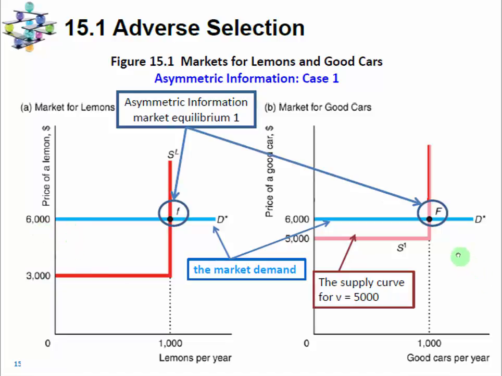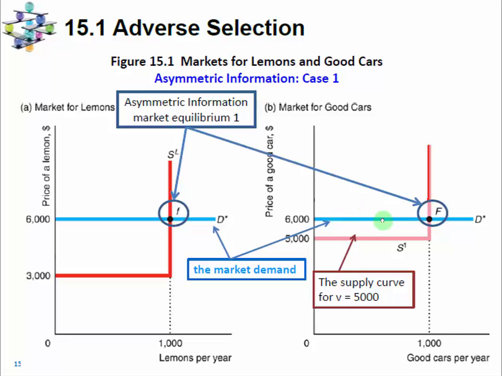If the reservation price for the good used car owners is at $5,000, they are also very happy to sell because that reservation price, $5,000, is still below the $6,000. Remember that the buyers have a willingness to pay of $8,000 for the good used cars. Because there is this 50% chance for buying a lemon, they reduce their willingness to pay to $6,000.